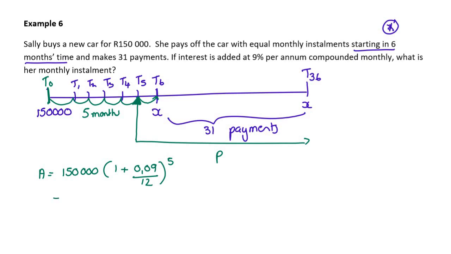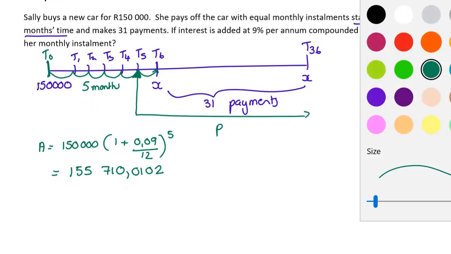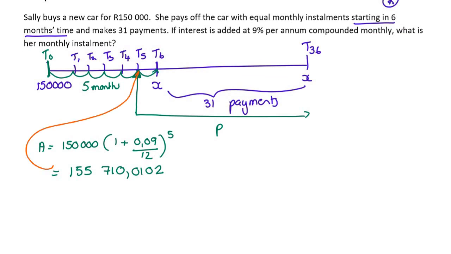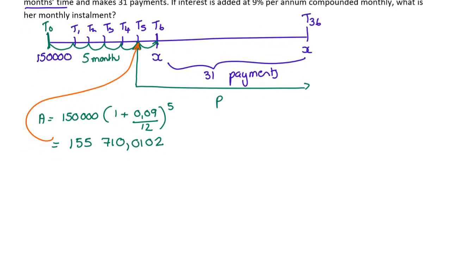So 5 months you have to add yourself, then the formula will add the 6th month and then start paying. So I've worked out that she owes 155,710 Rand. Now I'm going to keep all my decimals because this isn't the answer to the question. Now that's the amount that I can use in my present value annuity, because that's the amount my loan is there. So now I can use my present value annuity formula.